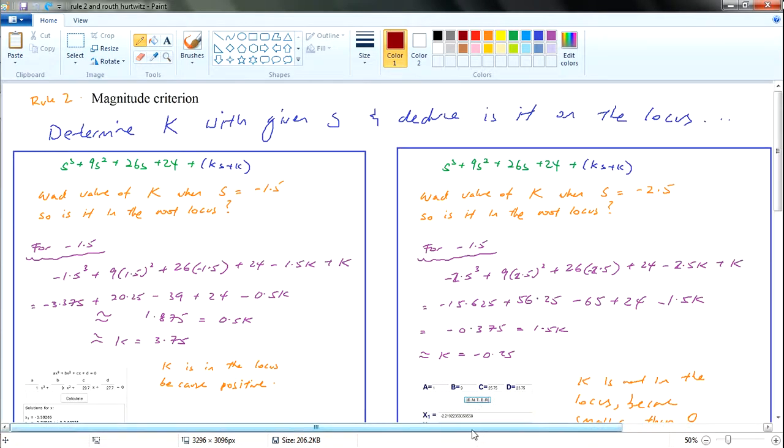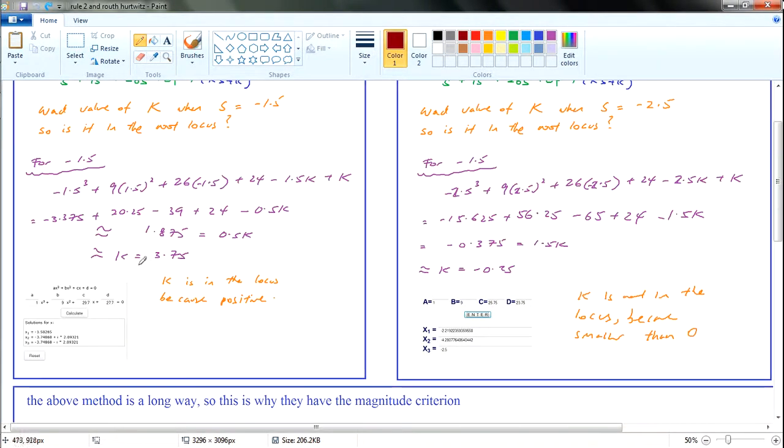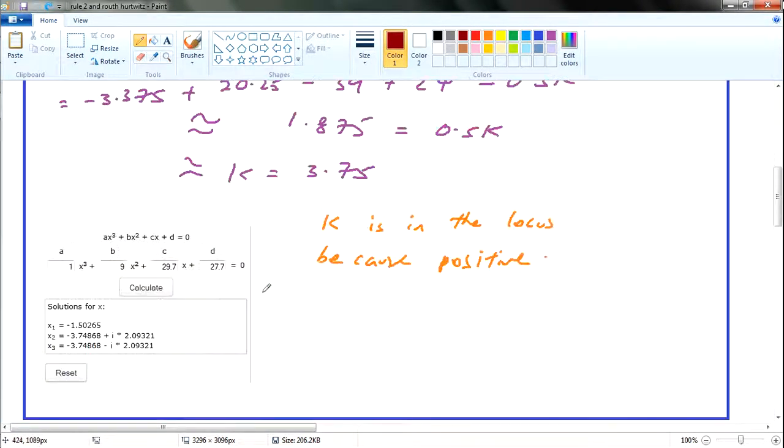So let's go back to here. Now we sub in s equals minus 1.5 and k equals 3.75.